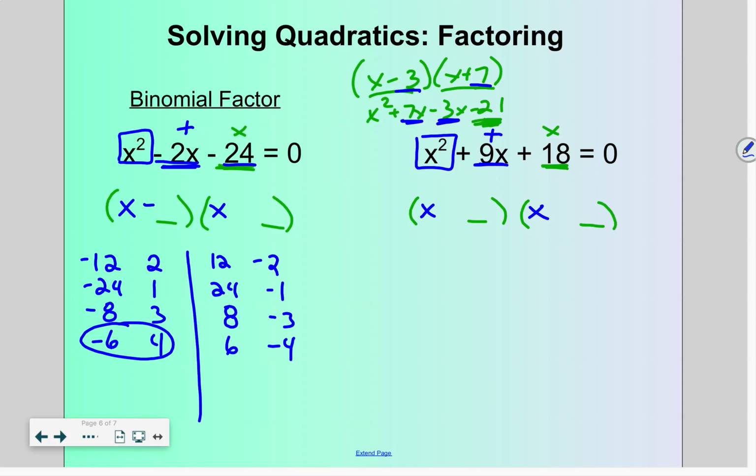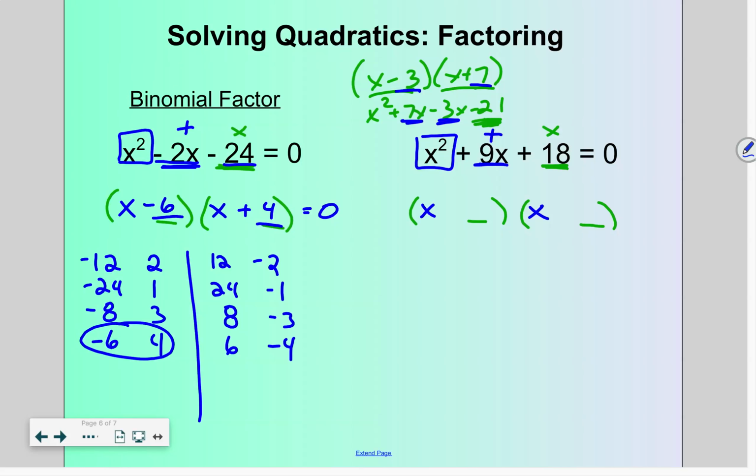So our factors are x minus 6 times x plus 4. If we were to FOIL this out, we would get x times x is x squared, minus 6x plus 4x is minus 2x, and then negative 6 times 4 gets us that negative 24. So we factored it out, and we know that those factors are equal to 0.